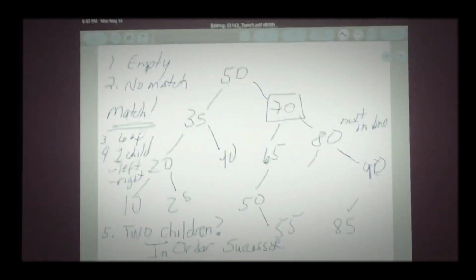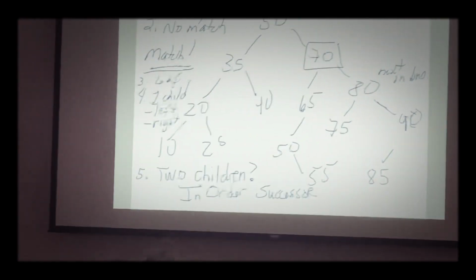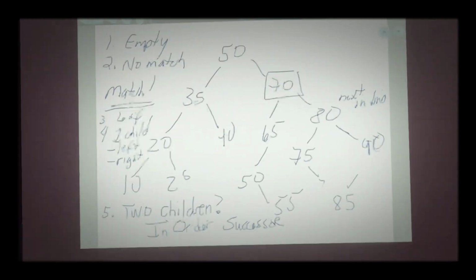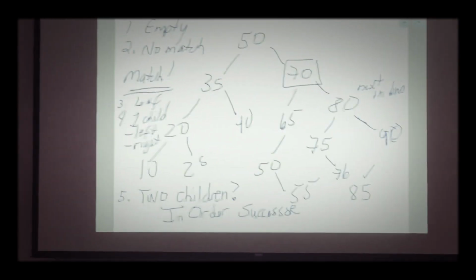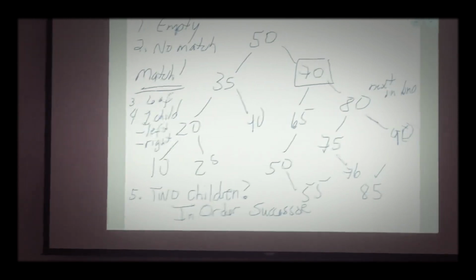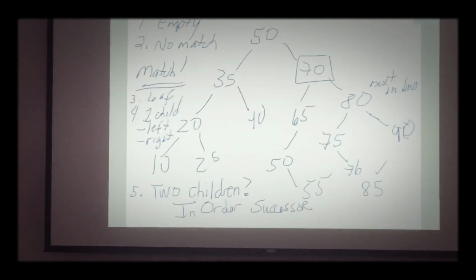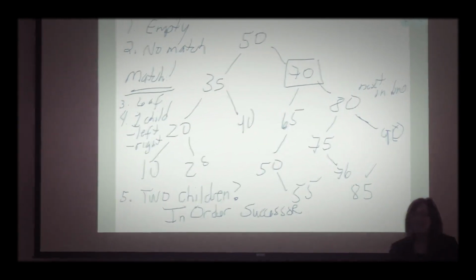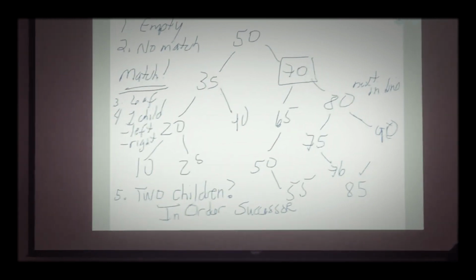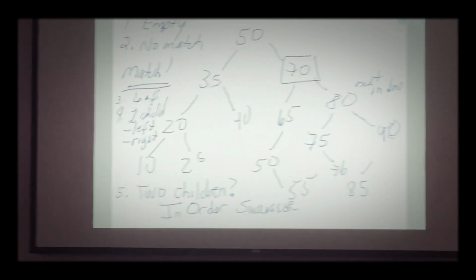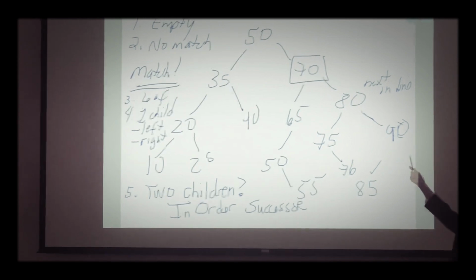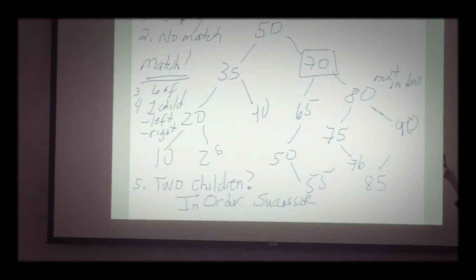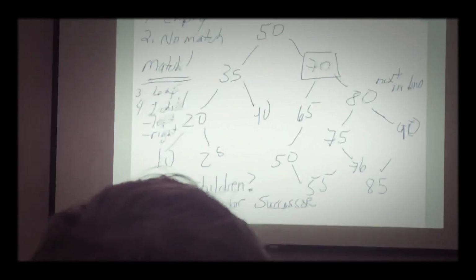But what if it had a left child, which is the next in order? Take 70, that's what we're trying to remove, which is the next in order.